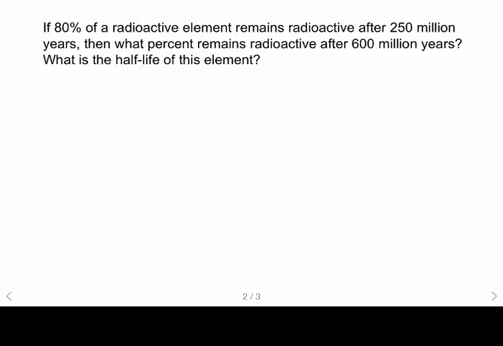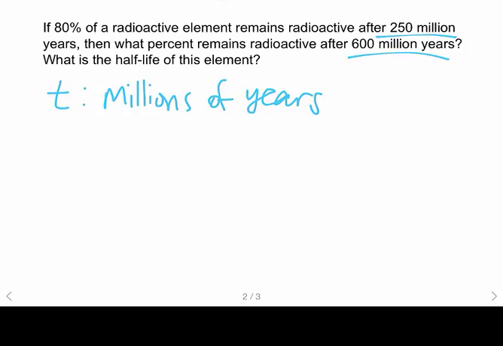So since we're told something about 250 million years and we're asked something about 600 million years, we're going to say t is in millions of years. As long as we're comparing apples to apples, that's actually an okay thing to do. Now, what's up with them telling me that 80% remains radioactive?